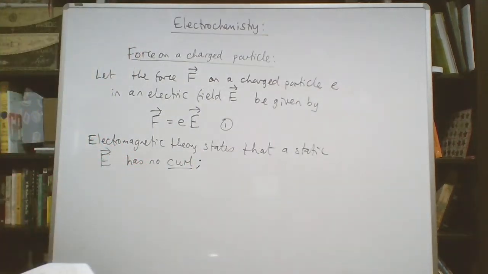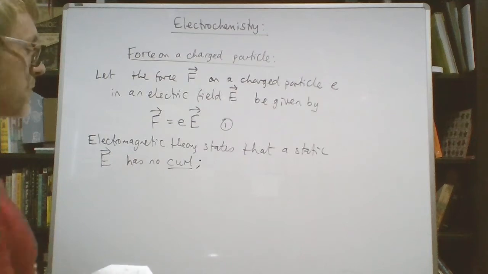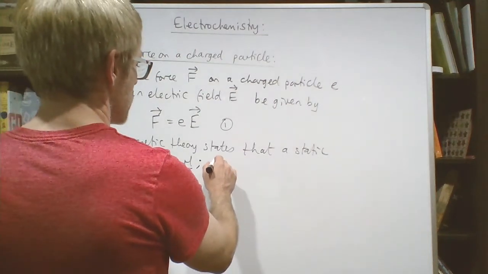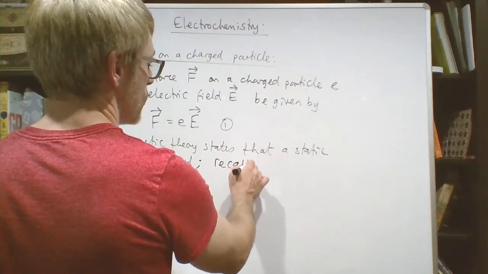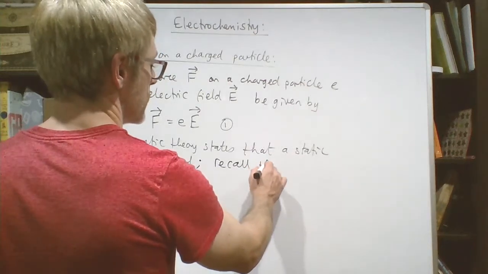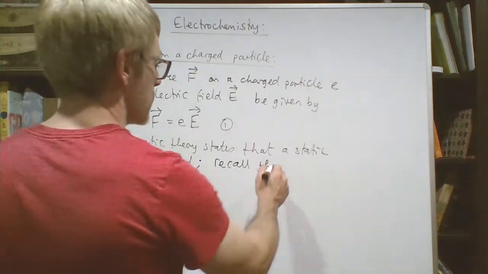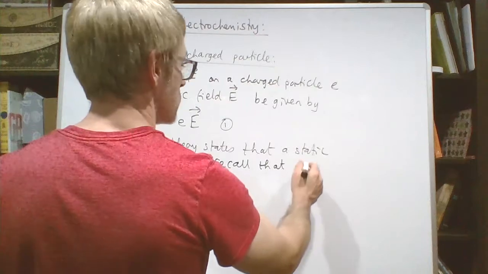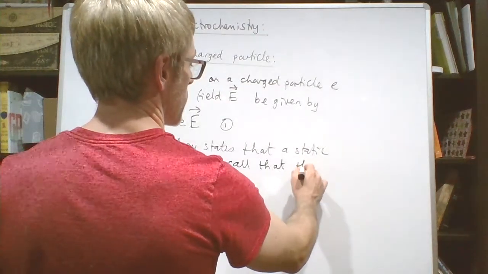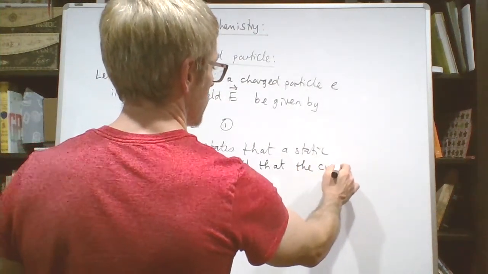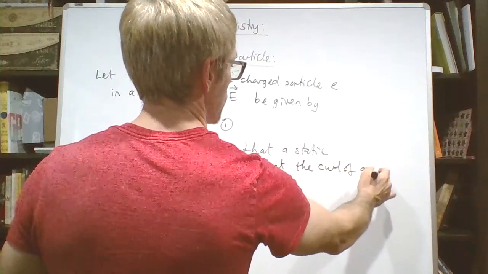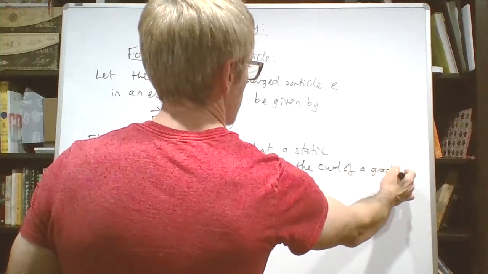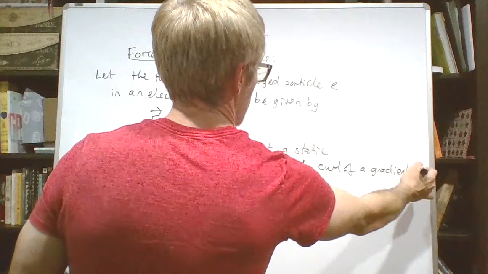Now, recall from the previous pre-electrochemistry video that the curl of a gradient is 0.